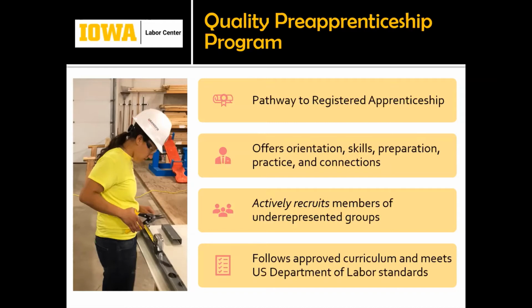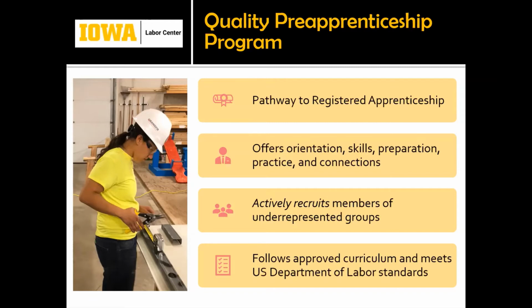Yeah, and I would just add that although it's not a population that is specified in the definition of underrepresented groups, another set of discussions that we're actively engaged in is how to make sure our program is equipped to serve formerly incarcerated Iowans and Iowans with criminal records who are looking for a new career after they've served their time. And so, we welcome suggestions for moving that partnership forward as well.